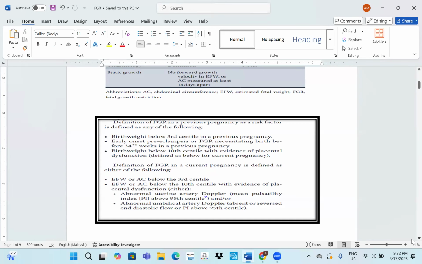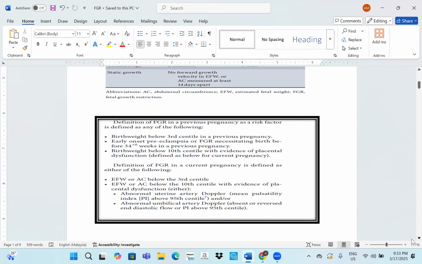So let me revise again. The previous FGR would be if the previous birth weight, not the estimated fetal weight, of the baby was below third centile, early onset preeclampsia or FGR necessitating birth before 34 weeks, or if the birth weight was below the 10th centile with evidence of placental dysfunction.